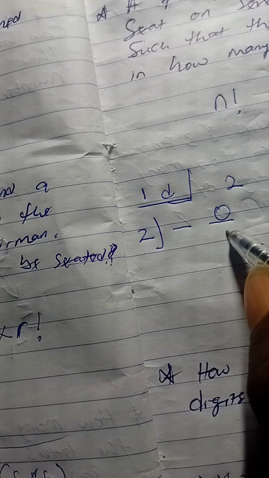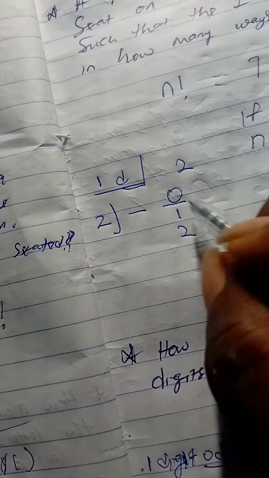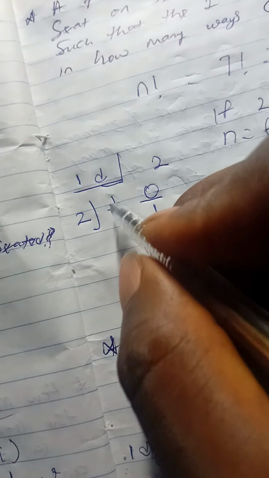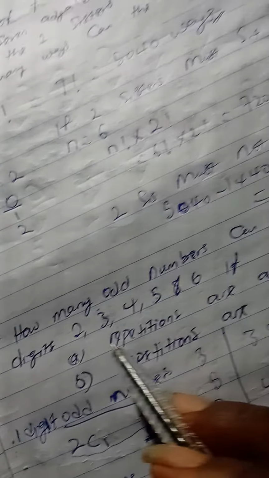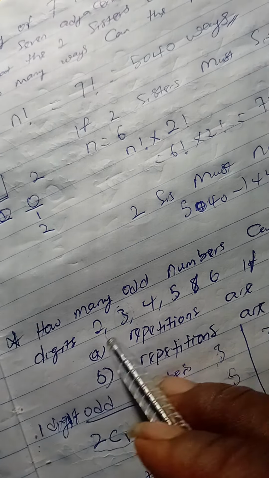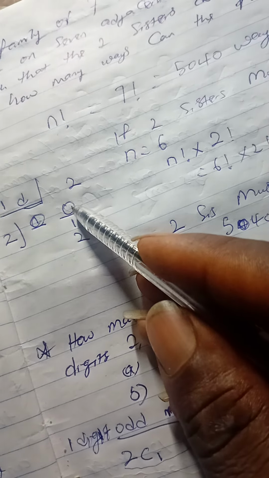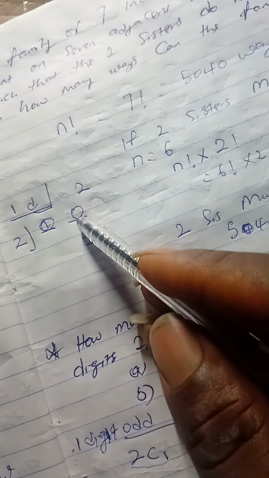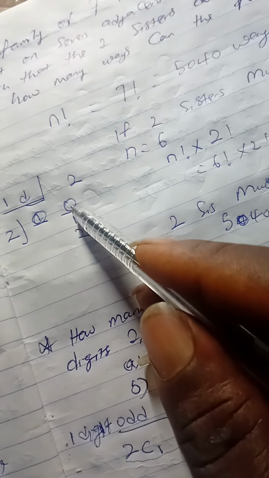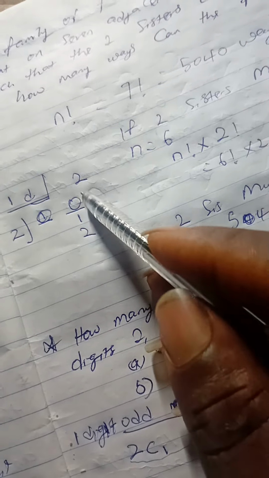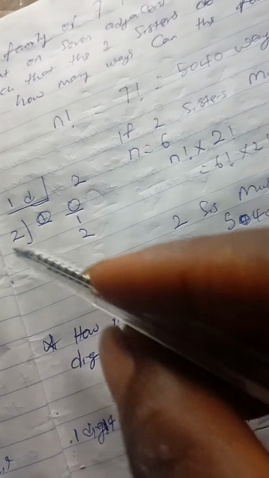So to fill up this, you have 2 choices. To fill up this, how many choices do you have? The total choices that you have is 5. But because out of that 5, you've picked one to fill up this, whatsoever it is, you can't repeat it again. That means you have 4 choices left.